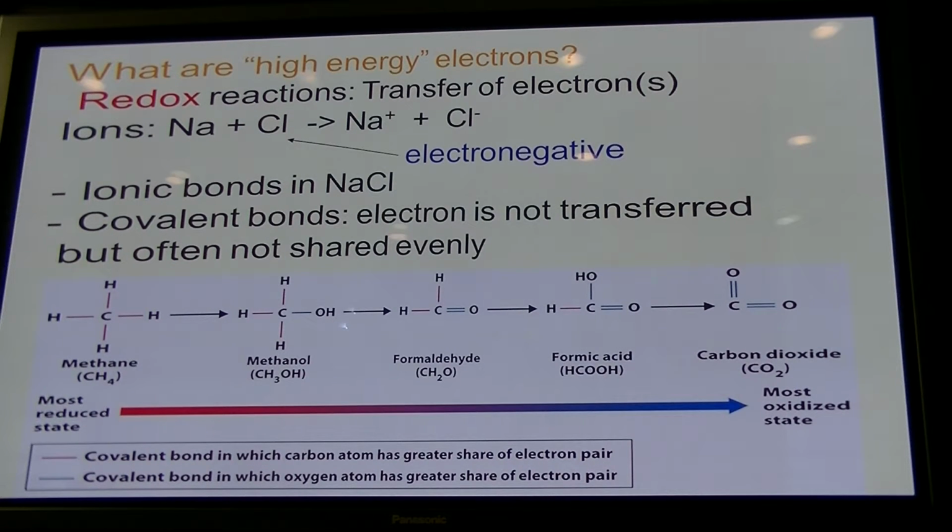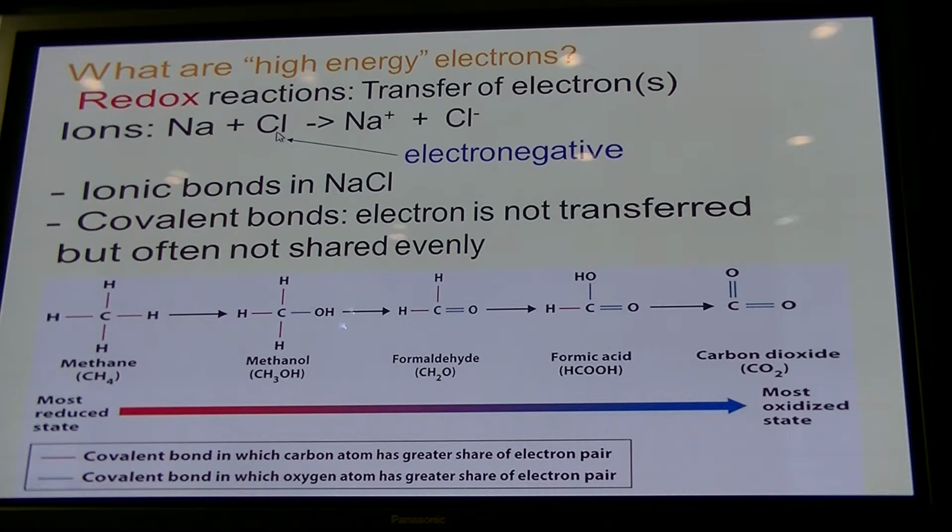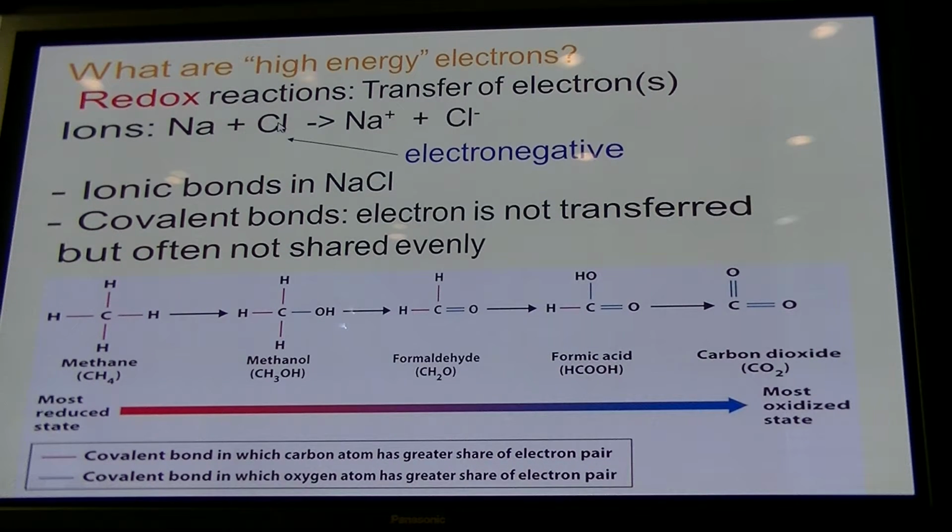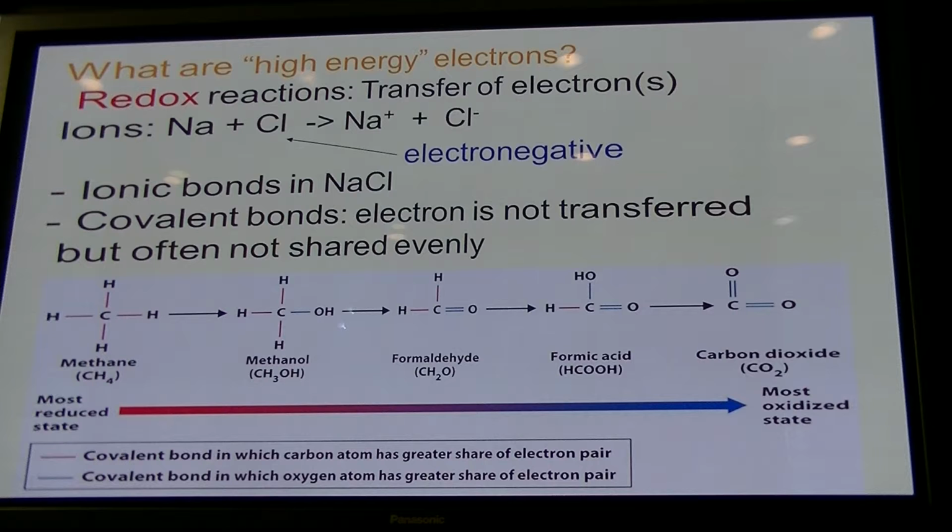In the case of ion formation, we can have a metal and here chlorine, and if sodium is allowed to react with chlorine, Cl2 would be, then the chlorine is very electronegative. It has a nucleus that likes to have more electrons to surround it, and it wants to steal an electron from wherever it can.